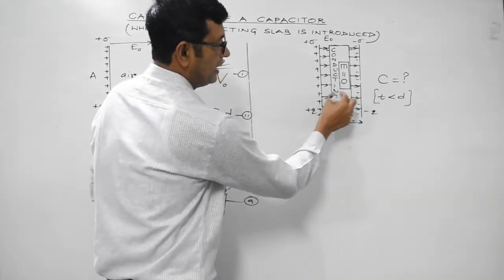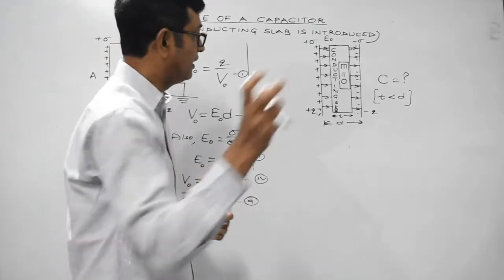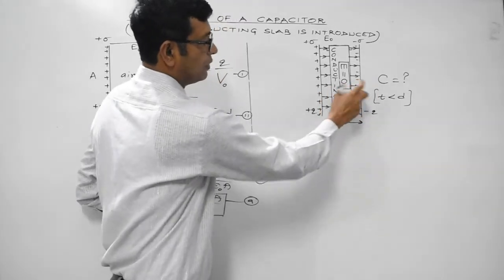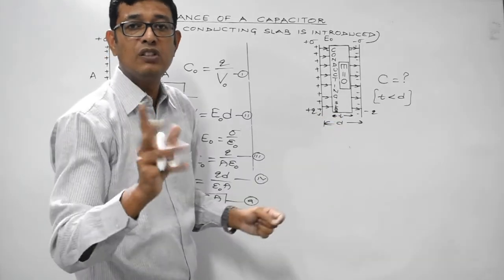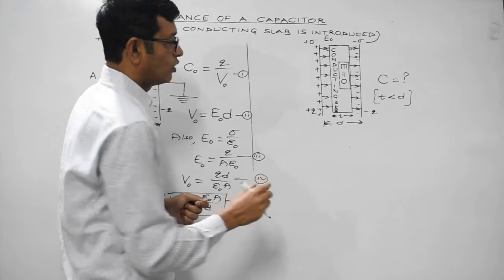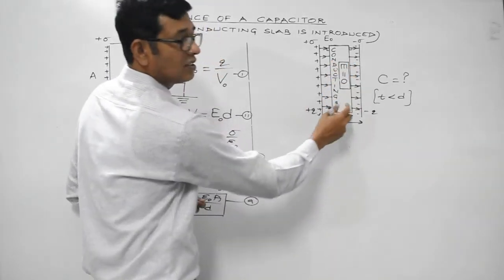So this region will be d minus t, isn't it? So mark my words. On placing the conducting slab in the space between the plates of the capacitor, the net electric field inside the conducting slab becomes zero. So the electric field E naught is effective only for a distance d minus t. For the thickness t, the electric field is zero.